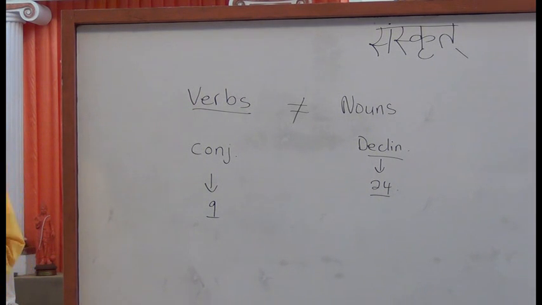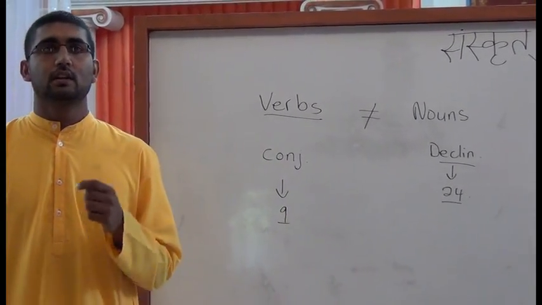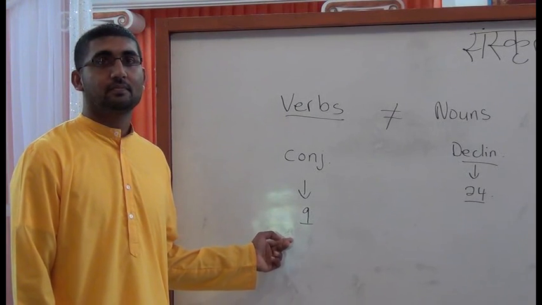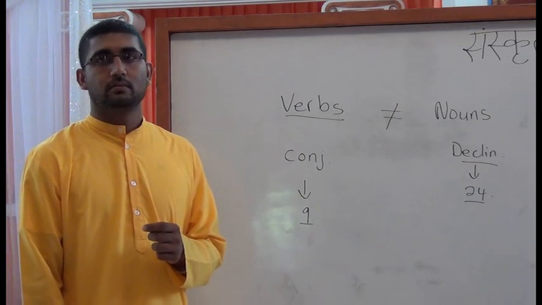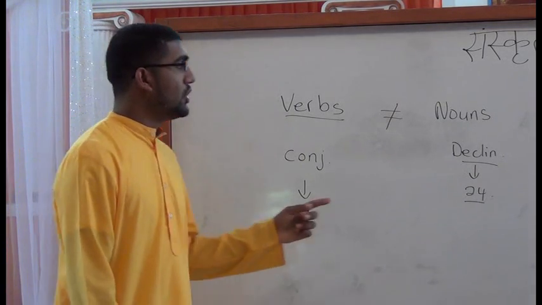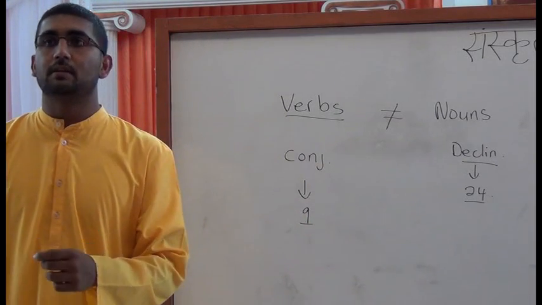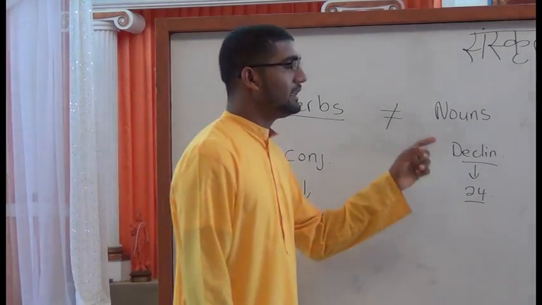Many people for their homework took Patram and Krishna and conjugated it. And that was very, very wrong. Nouns are declined. When I gave you Krishna and Patram, I expected to see the declension.